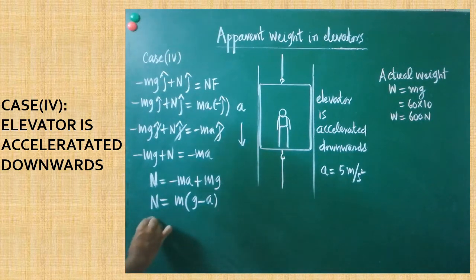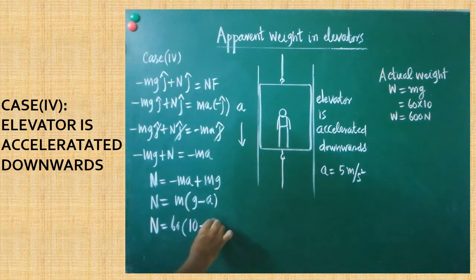So here N is equal to, I have given some typical values. The mass of the person is 60 kg. Are you clear? The g value can be taken approximately as 10 meter per second square. Here the acceleration of the elevator in the downward direction is 5.